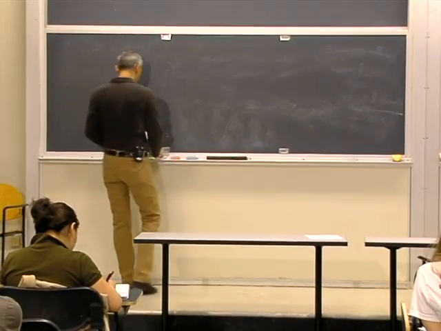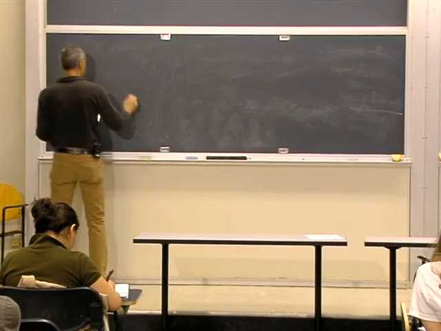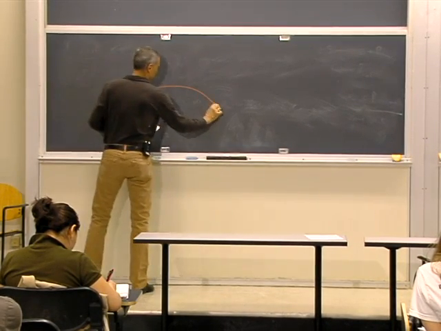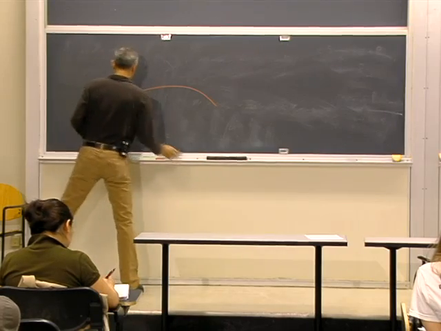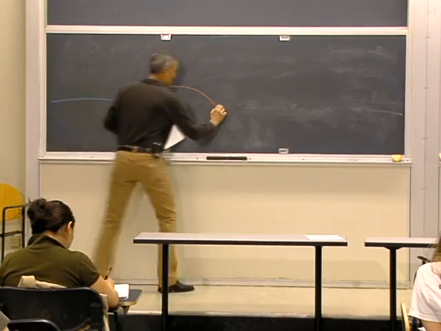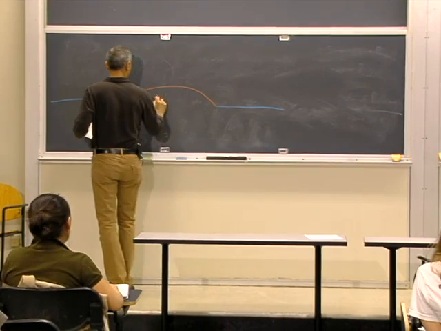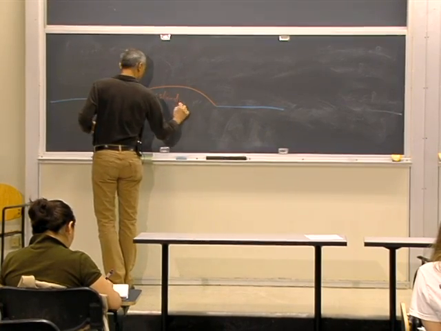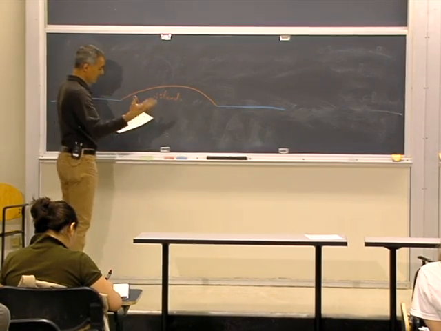All right, so what do we have here? We're going to have an island in the ocean. An island here. And it's going to be sunny.